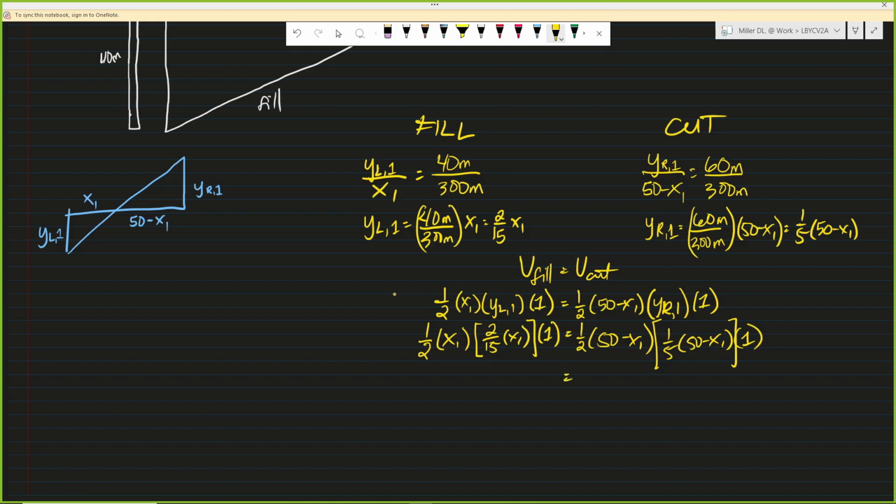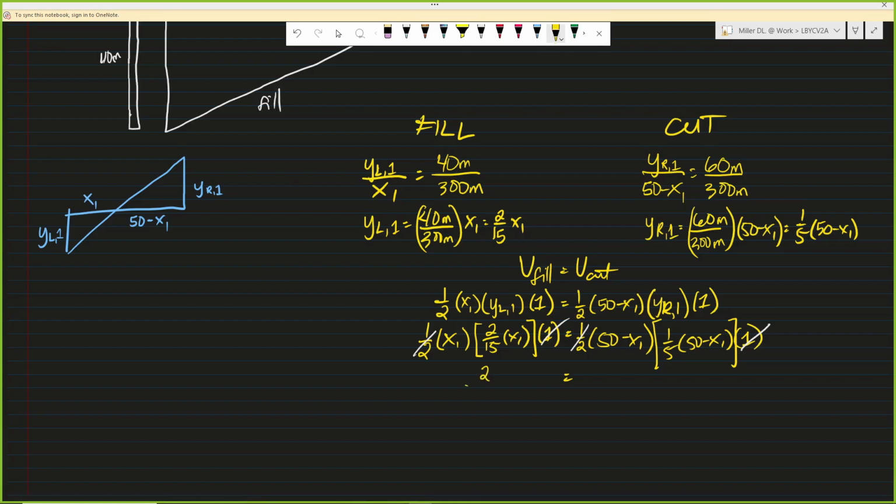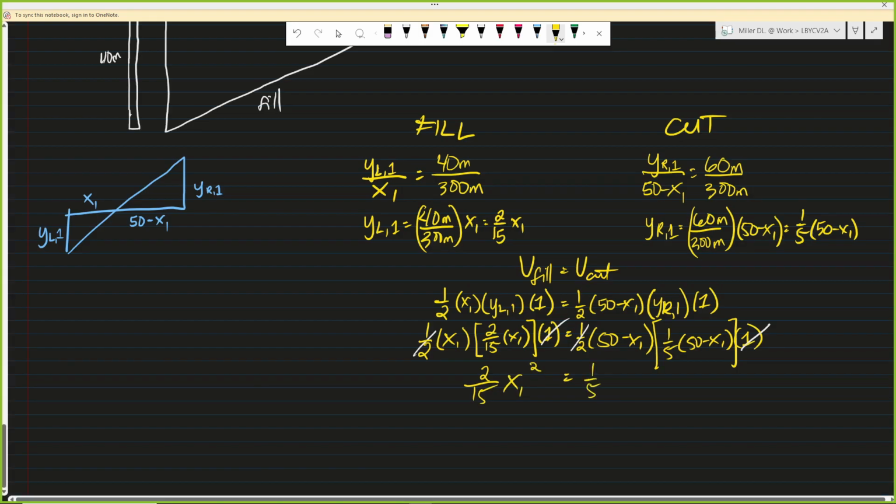So, we will simplify this. Yung 1/2 magka-cancel. Yung 1 magka-cancel. So, ito na lang matitira. So, x sub 1 times 2 over 15 x sub 1. So, that would be 2 over 15 times x sub 1 squared, which is equal to 1/5 times 50 minus x sub 1 squared.